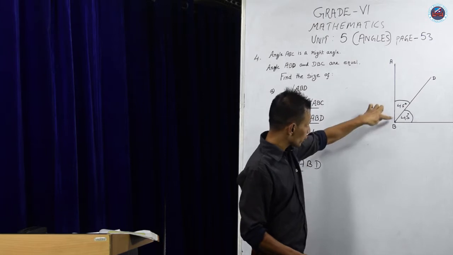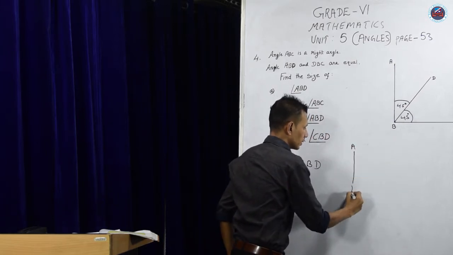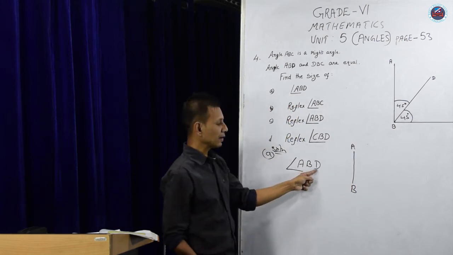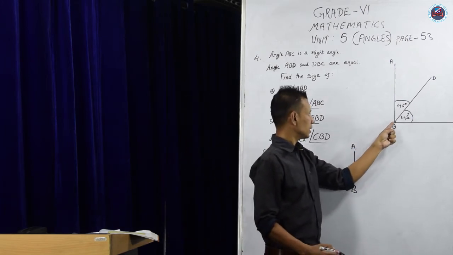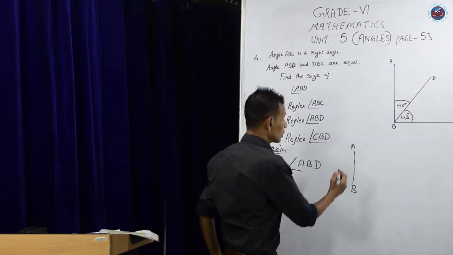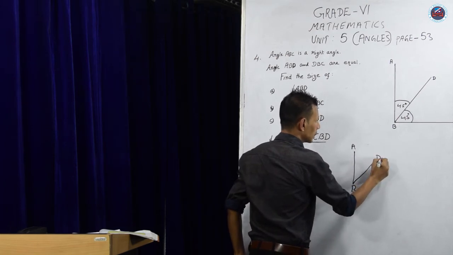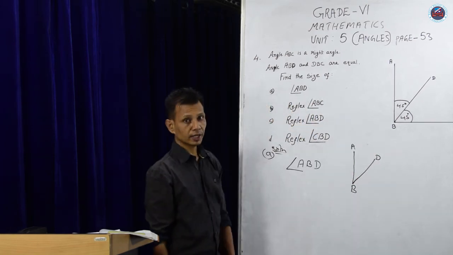AB, a straight line. I got my A and B. Now I have to get D. D is from B and passes till here, right? So exactly copy it from there, and you will get it like that. Is that okay?